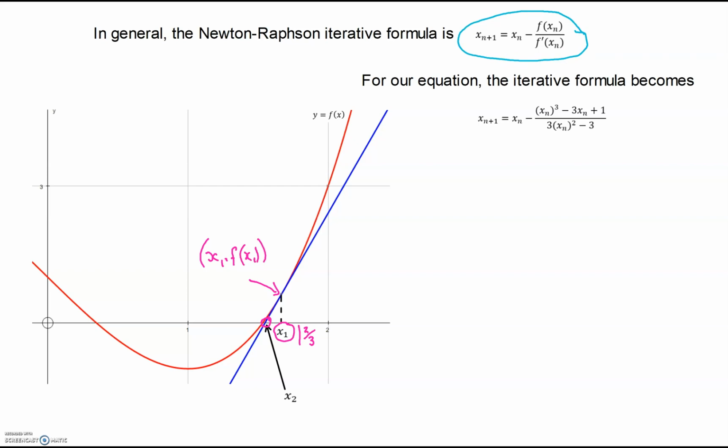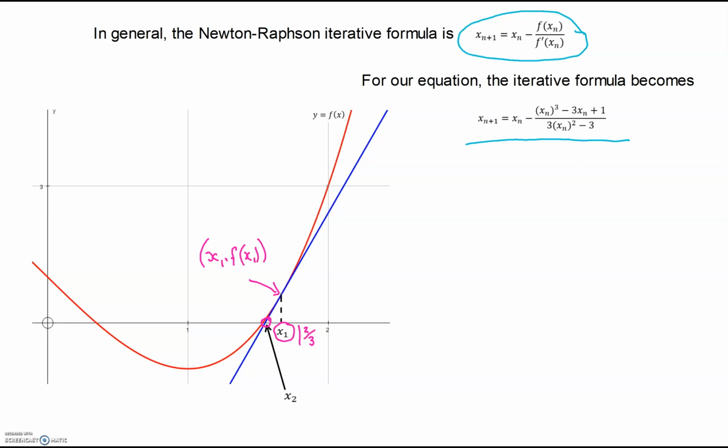And we have got a function x cubed minus 3x plus 1. And so I can put that function into the general formula and create the iterative formula for our equation. And that is xn plus 1 equals xn minus xn cubed minus 3xn plus 1 over 3xn squared minus 3.